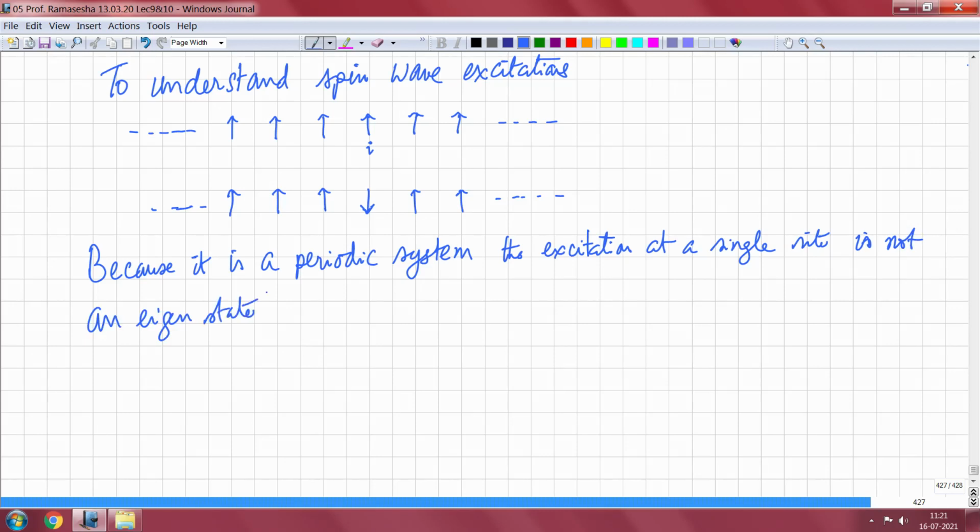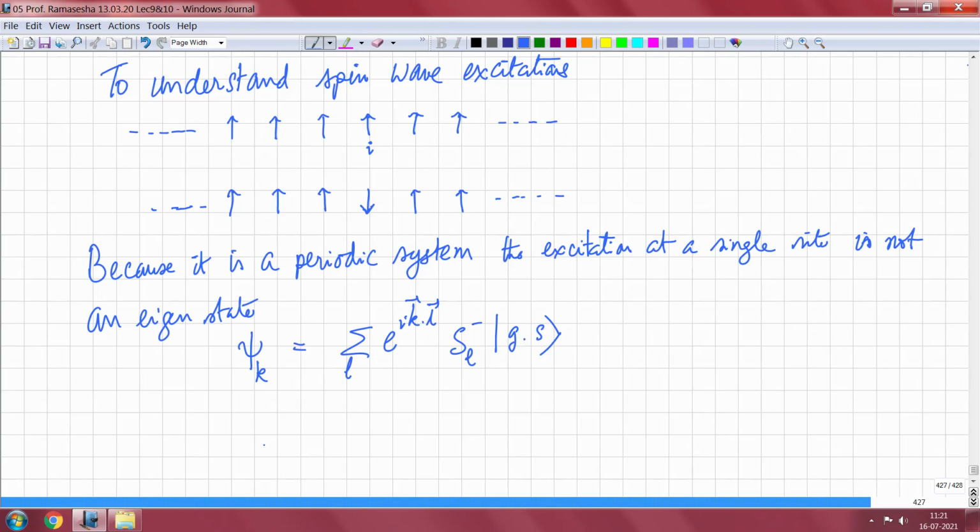So to construct the eigenstate, what you really have to do is construct a Bloch state. So the Bloch state that I have is psi of k is equal to sigma over L e to the ik dot L times SL minus operating upon the ground state.